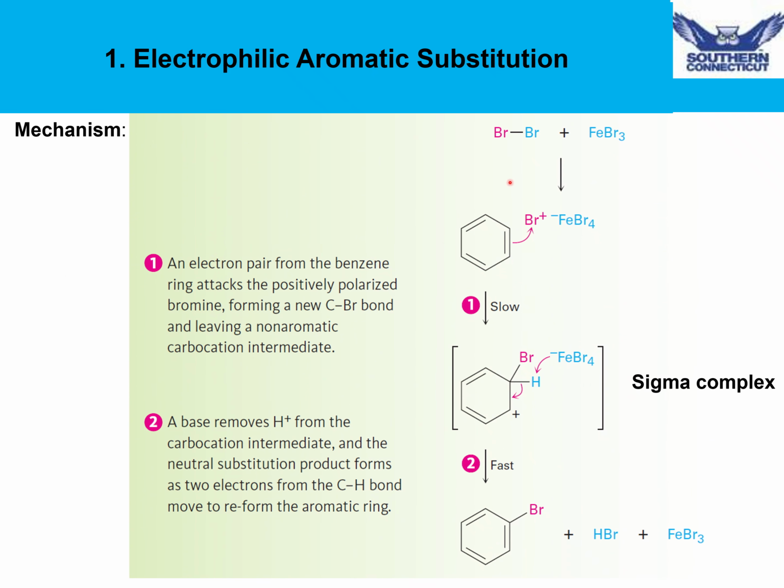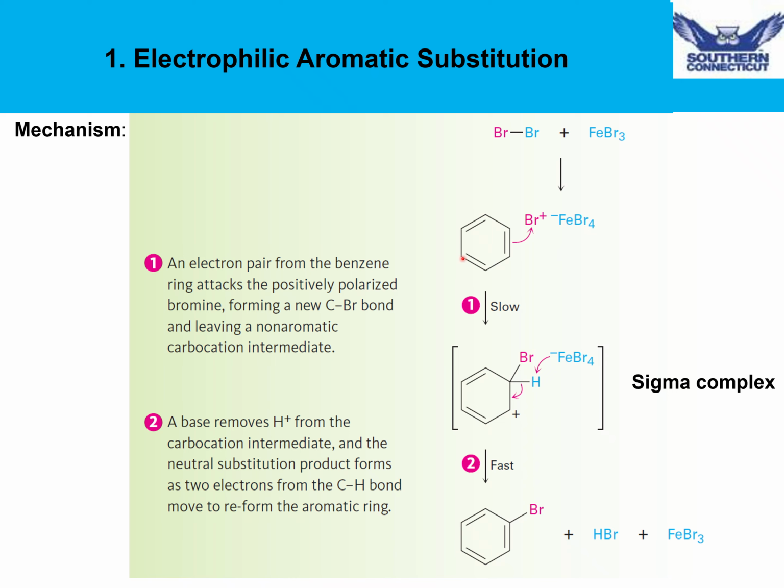The mechanism of halogenation is shown here. So it starts off with bromine reacting with the Lewis acid iron tribromide to break this bond between the two bromines. One of the bromines will donate one of its lone pair electrons to the iron, and that would lead to a bromonium ion, which is a really good electrophile.